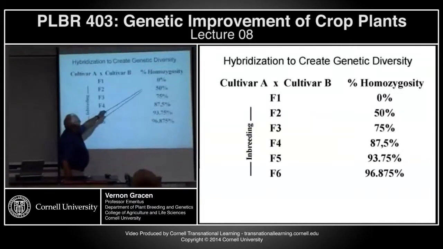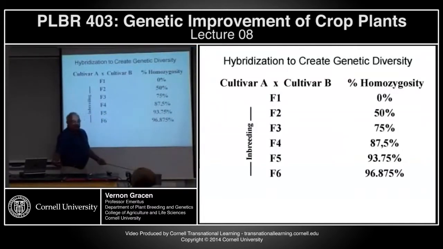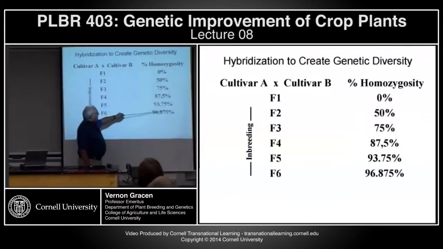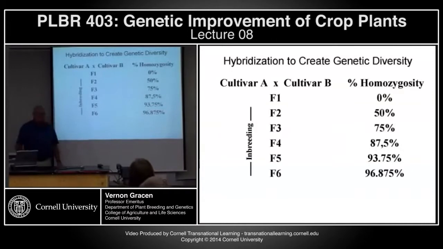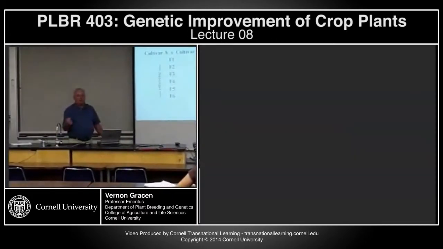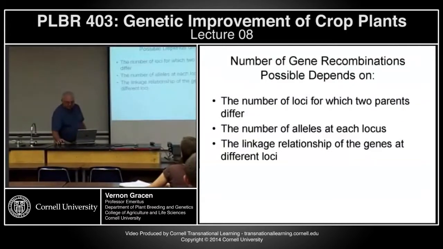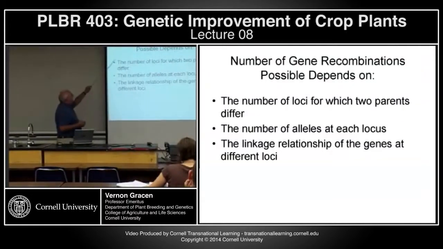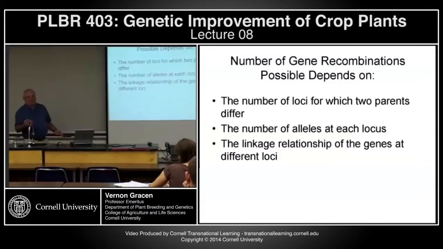An F1 is completely heterozygous for all loci at which the two parents differed. As you self, you lose half of the heterozygosity, or you gain half again the homozygosity for each generation. The number of loci for which two parents differ affect how much variation you get in that F2.